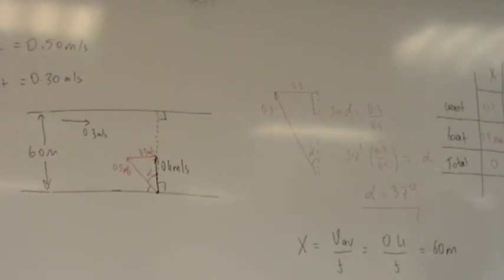So therefore time will be equal to 0.4 divided by 60, and that is going to give you 0.0066, which is... what is that?